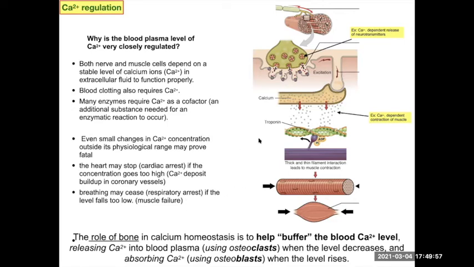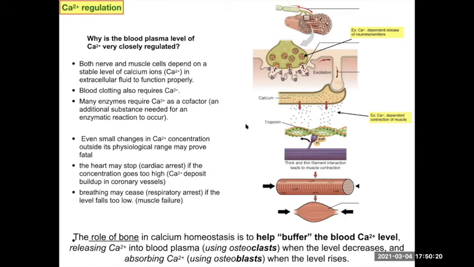Your heart is made out of muscle, and all your muscles, including the ones that control your breathing. So low calcium levels are a big problem. If you're running low on dietary calcium, you're going to have to bring it up through your bone. So the role of bone in calcium homeostasis is to help buffer the blood calcium levels.